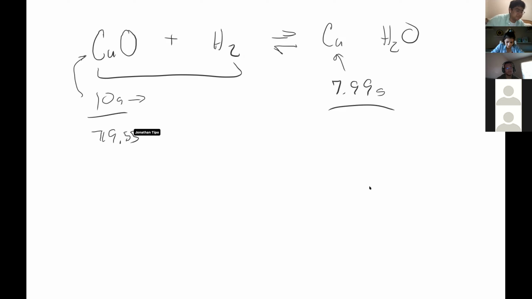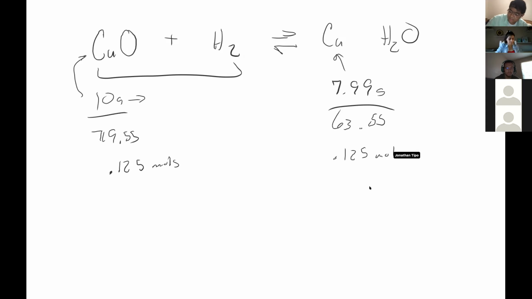And then copper is 63.55 grams as well. So convert that to moles. That's 0.215 moles. That is also 0.125 moles.